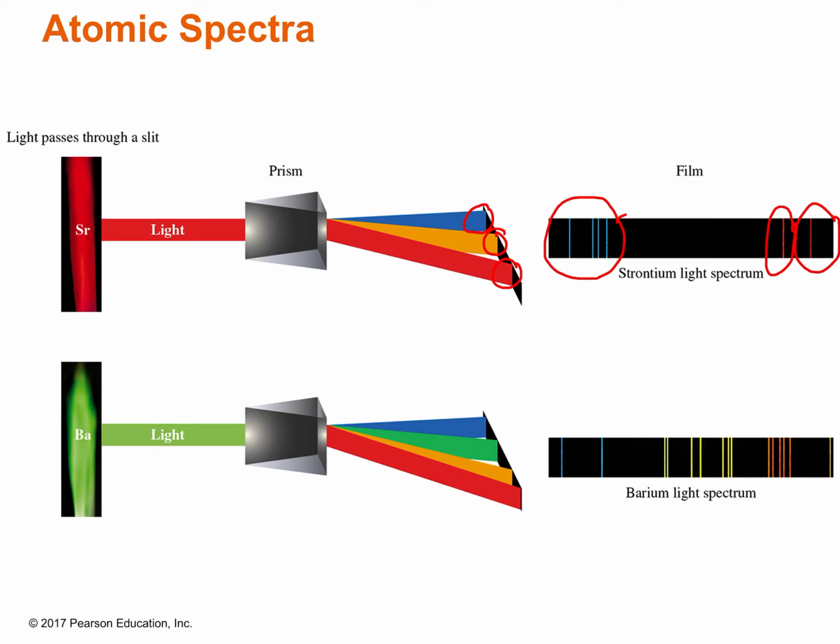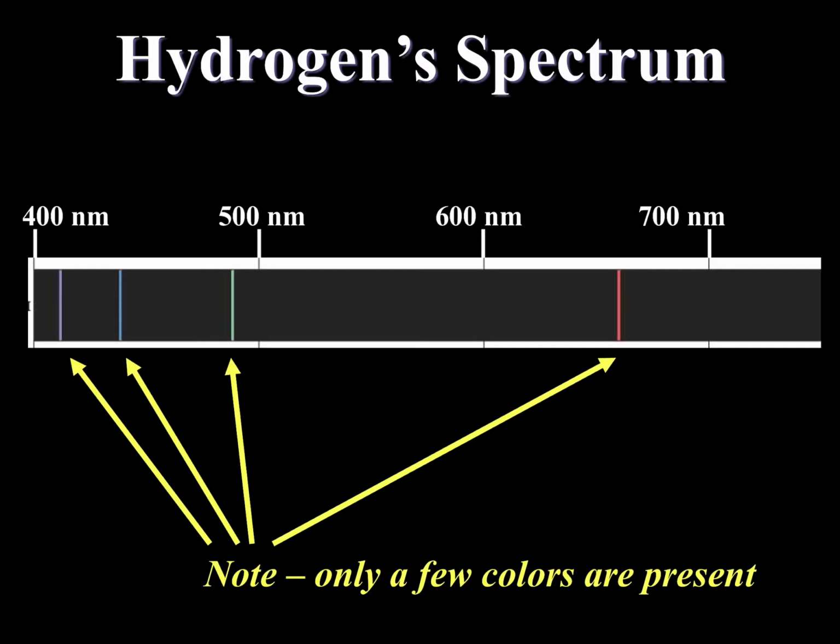And we can actually use this to identify, oh, hey, this is strontium. Because if you look, strontium is completely different than barium. Barium produces this cool green light. And when you shoot the green light through a prism, it will split again into kind of blue, green, orange, and red. But as you'll see, it looks completely different from strontium. So we can use these atomic spectra to identify which elements we have.